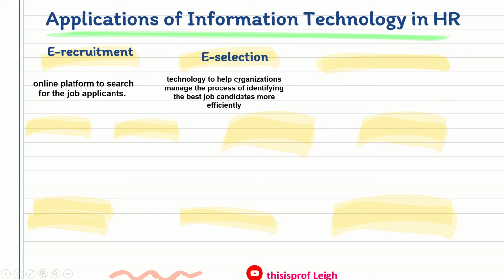Now, on the company's part, they use that online platform to access and receive those applications from the candidates, and they will also be the ones who can identify who is the best job candidate. From there, they can actually have shortlisting ahead, or nakakapagpili na sila ahead kung sino lang yung makakapag-proceed sa actual interview.